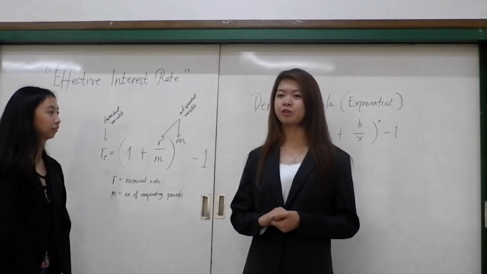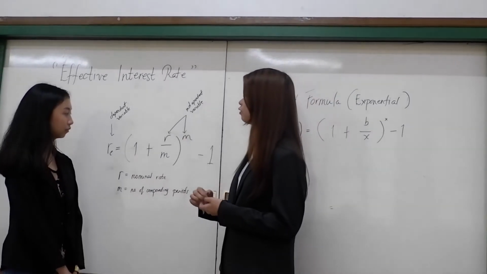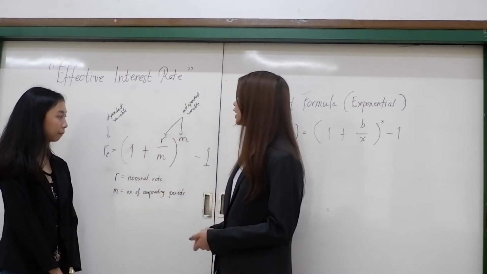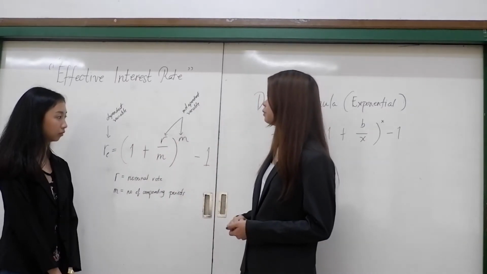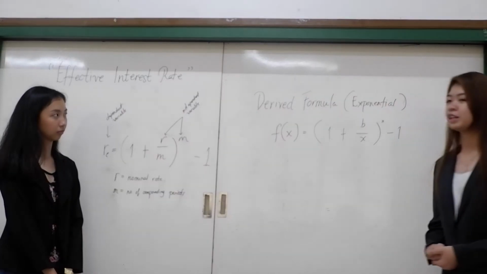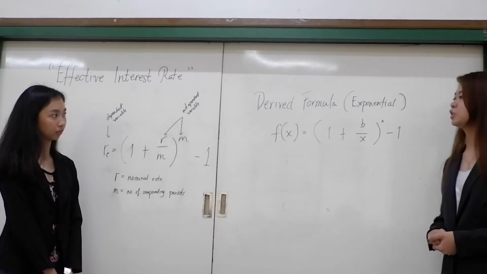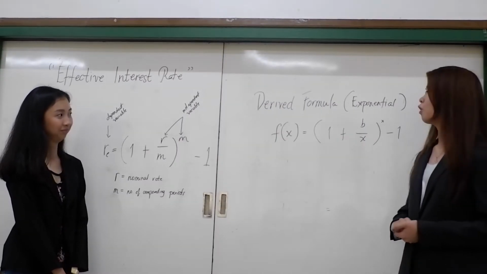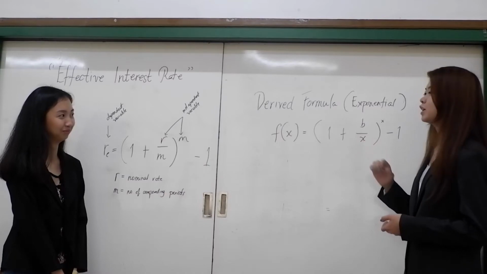The effective interest rate is an exponential function wherein R sub E is considered as the dependent variable, while the interest rate and the compounding periods are considered as the independent variables. From it, we derive a new formula, which is f of x equals (1 plus b over x) raised to x, minus a.